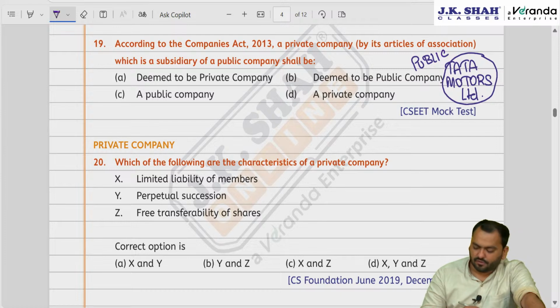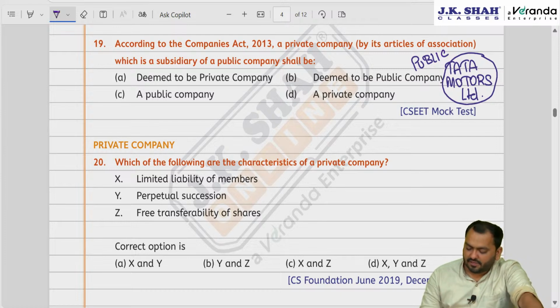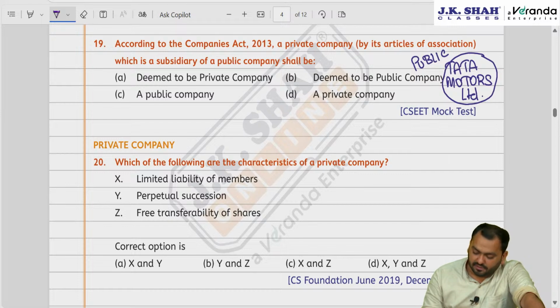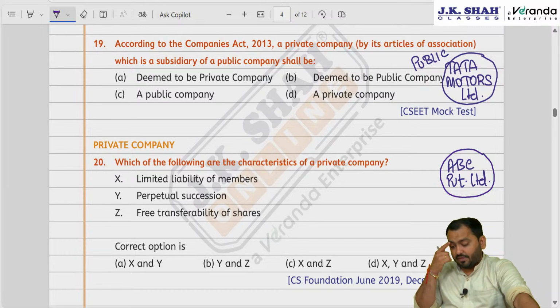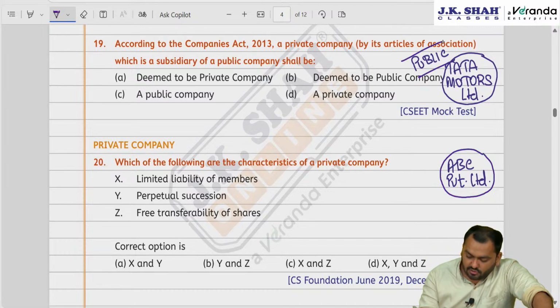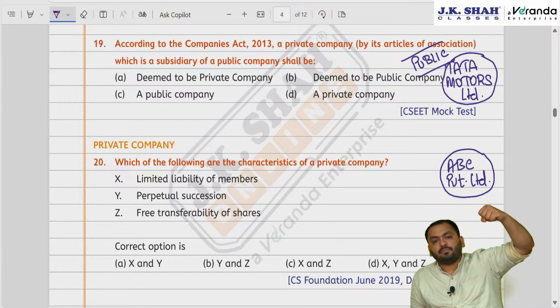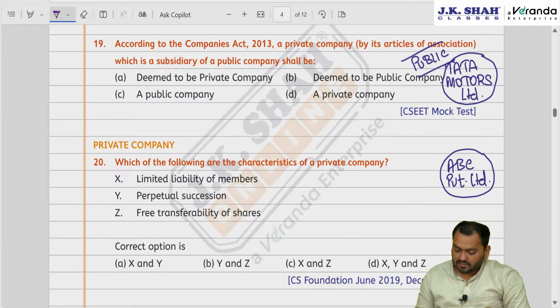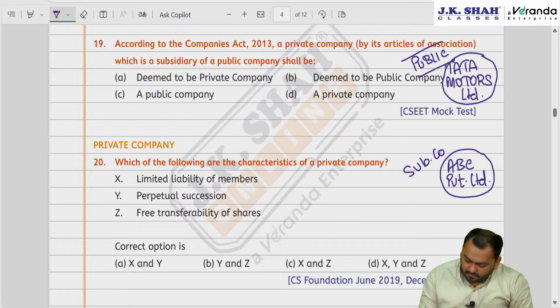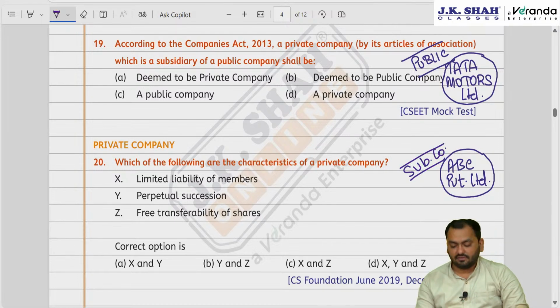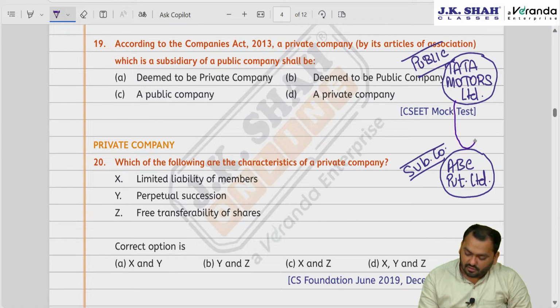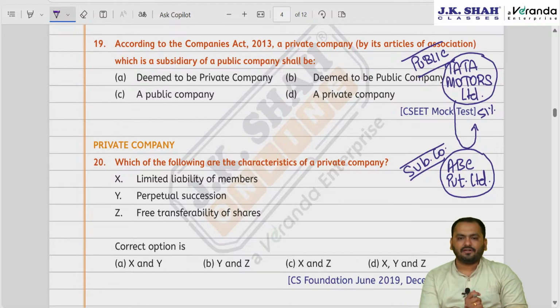Now, this public company is a holding company of ABC Private Limited. If a holding company is a public company and the subsidiary company is a private company, it means Tata Motors is holding 51% or more shares of ABC Limited.